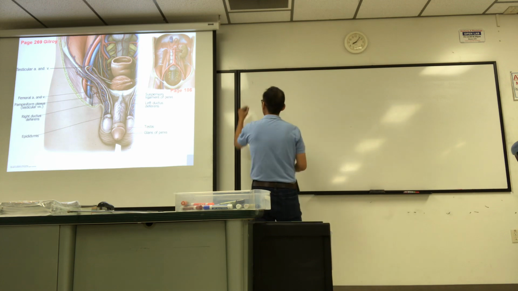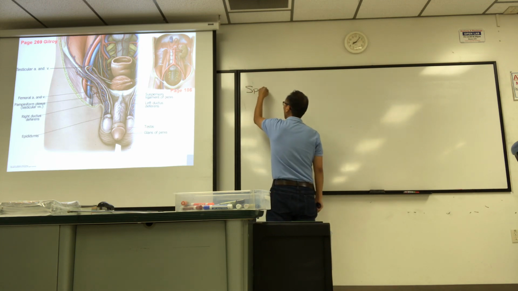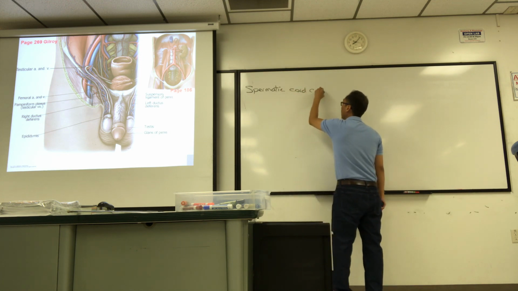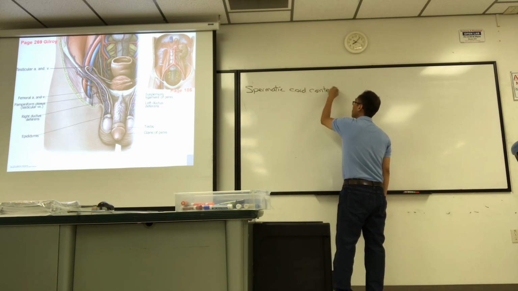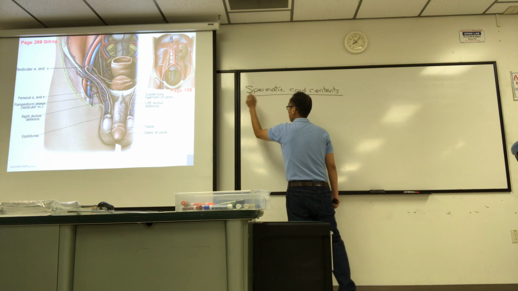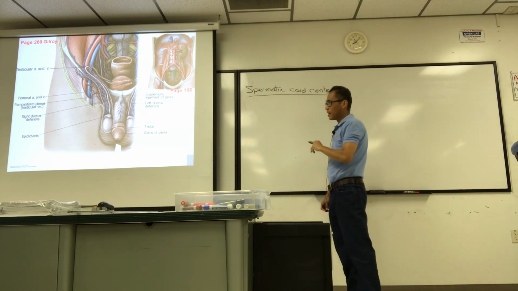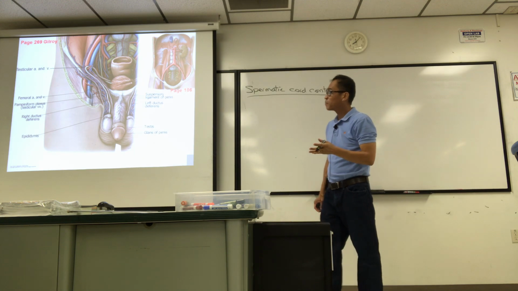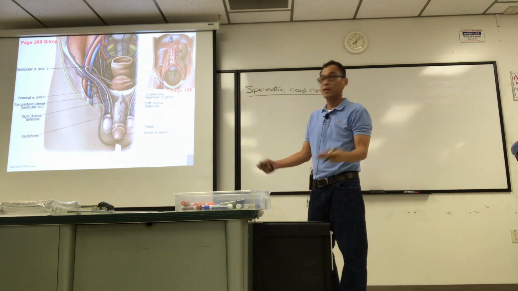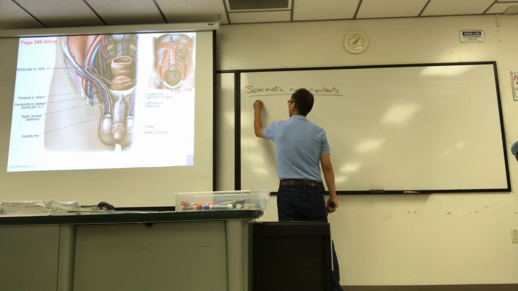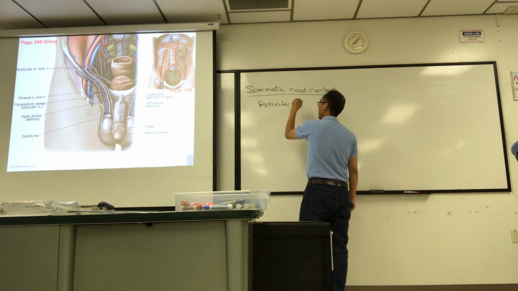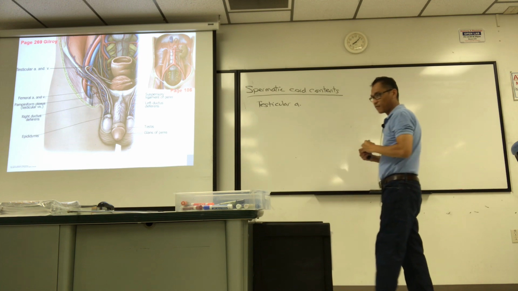So for the male, you have the spermatic cord contents. And for most structures, the most important thing to keep anything alive is the blood supply. So that would be the testicular artery. Little a is my shorthand for artery.